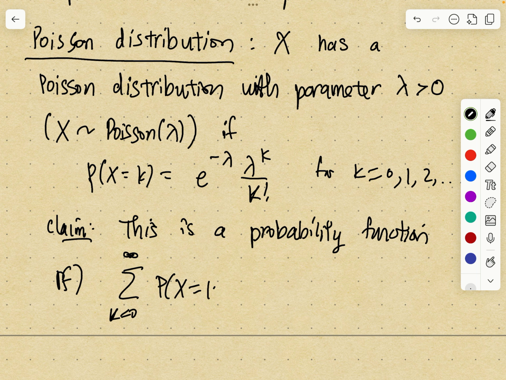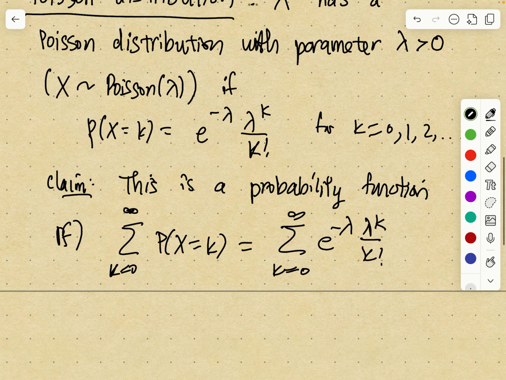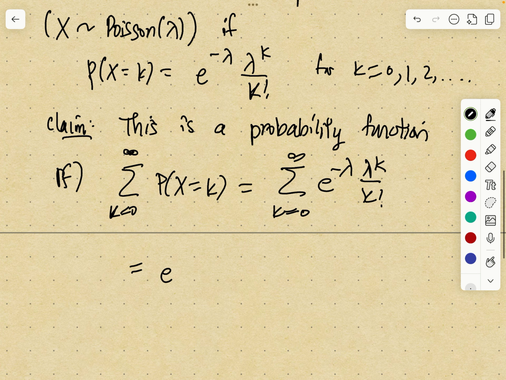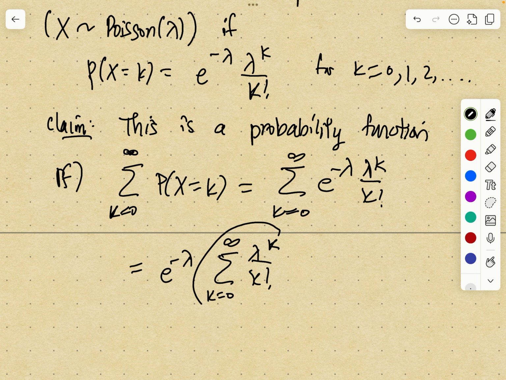That's what needs to happen to be a probability function. So what is the sum? You can move the e to the minus lambda out. So you get the sum of lambda to the k over k factorial from k equals 0 to infinity. Well, that's equal to e to the lambda.